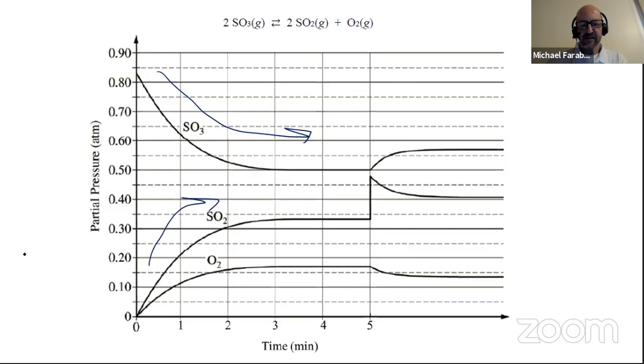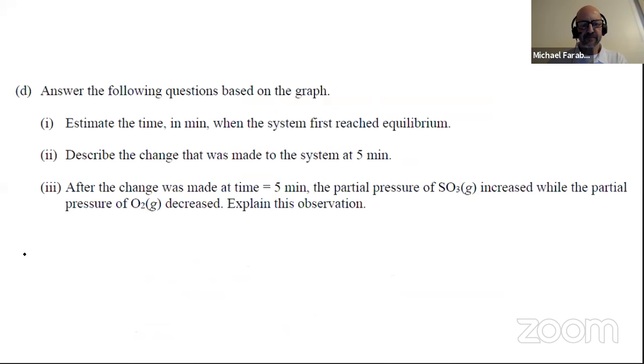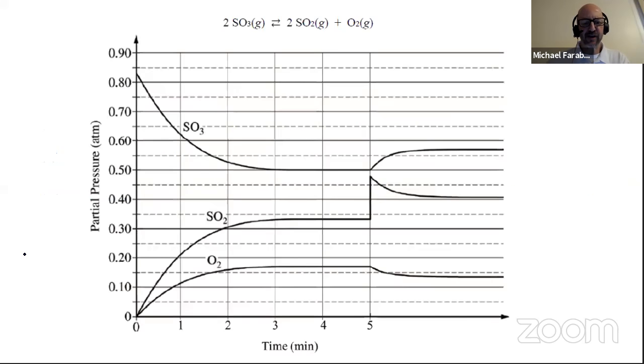And at some point, somewhere in this range, the concentrations, or the pressures in this case, seem to remain constant over time. Estimate the time in minutes when the system first reached equilibrium.